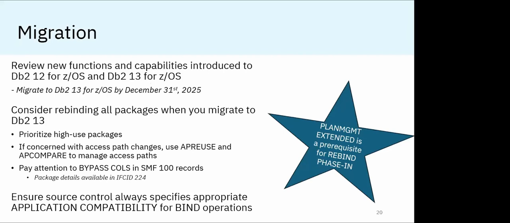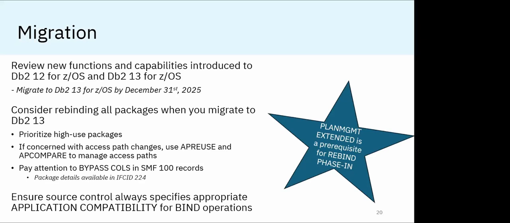For migration, we ask and make sure that customers understand the continuous delivery process. So we make sure that they're reviewing new functions and capabilities. When I say introduce to DB212, sometimes we have a customer that is maybe getting ready to migrate to DB213.